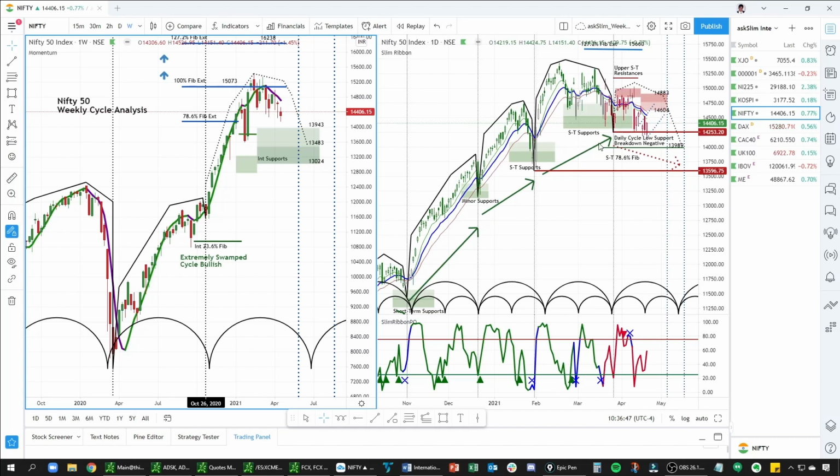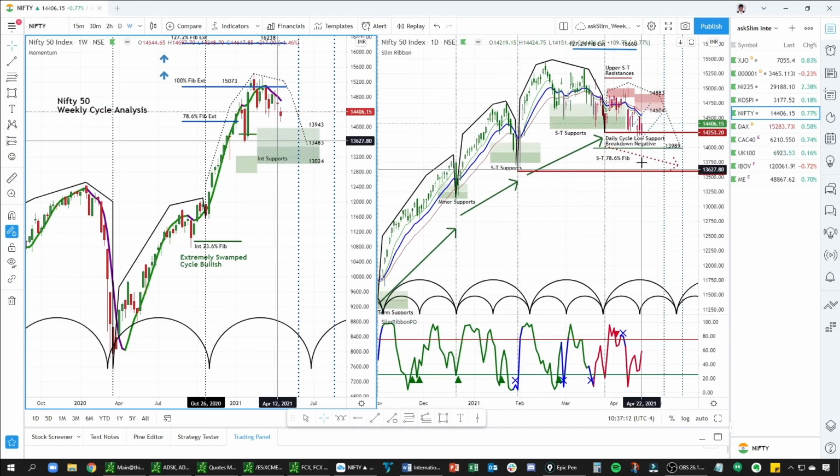Now we have our first sign of change here. I want to highlight that we have now violated this key cycle low, which says that we are now in a negative cycle very likely, and we will look for lower prices overall into this next corrective low. Now the next short-term low is due 5/6 to 5/19, and if I zoom in a little bit here, you can see that there is a mid-cycle low due, right?